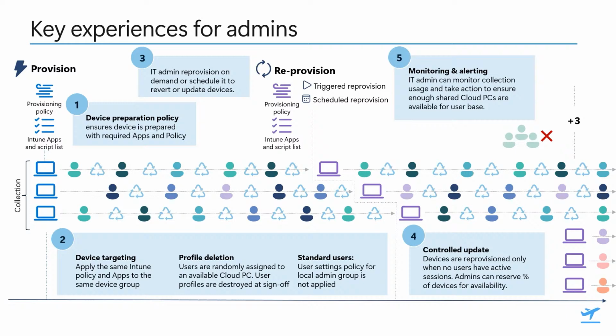Are they taking the right actions to ensure that any user in their organization can automatically access and have a device ready for them? That's where we built concurrency reporting that's available for you, as well as alerting that allows you to make sure that if you have allocated a certain number of licenses, you've allocated the right number of licenses.